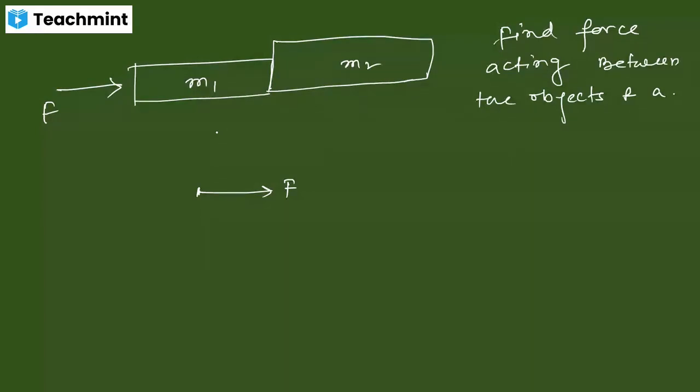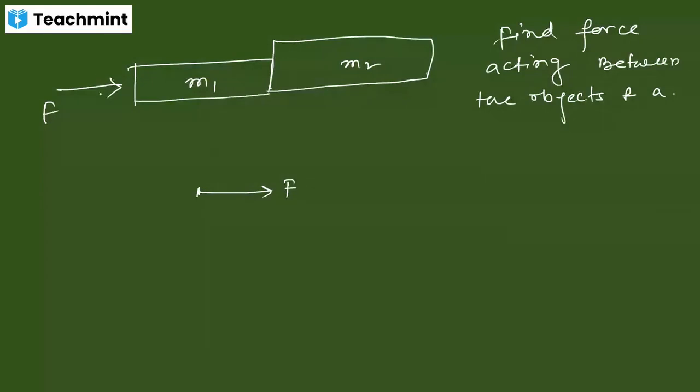So what we can say is that whenever you are applying a force on one of the objects, it will also apply the same force on you, right? So whenever we have applied a force of F on the mass M1, then M1 has applied the same force on M2, right?